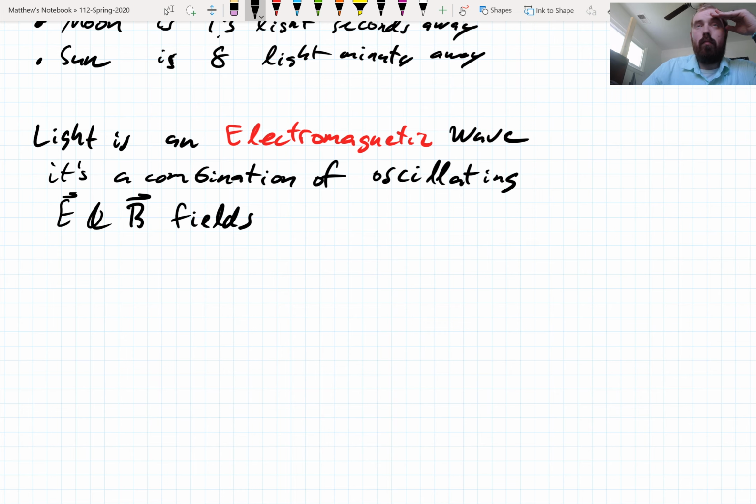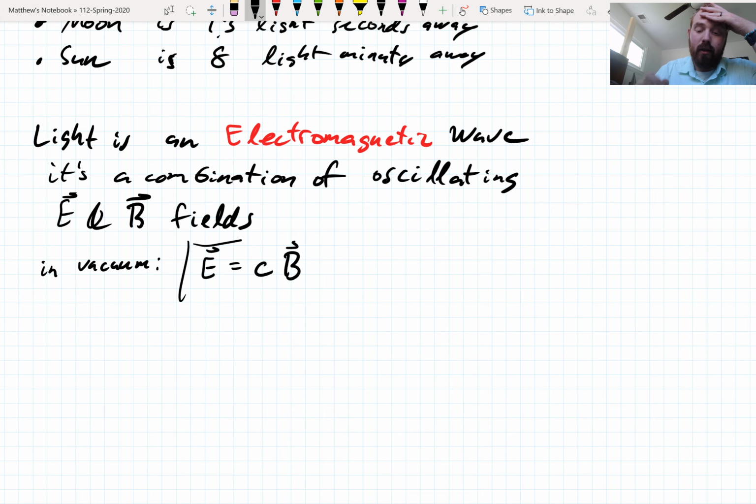An important caveat, this one you're going to want to remember: in vacuum, not traveling through air, just in vacuum, nothing else around, the electric and magnetic fields are related by the speed of light. That's the relationship between electric and magnetic fields: E equals c times B.